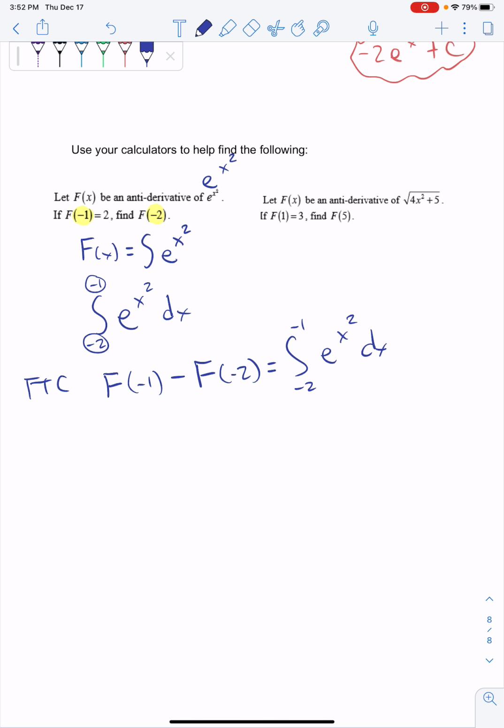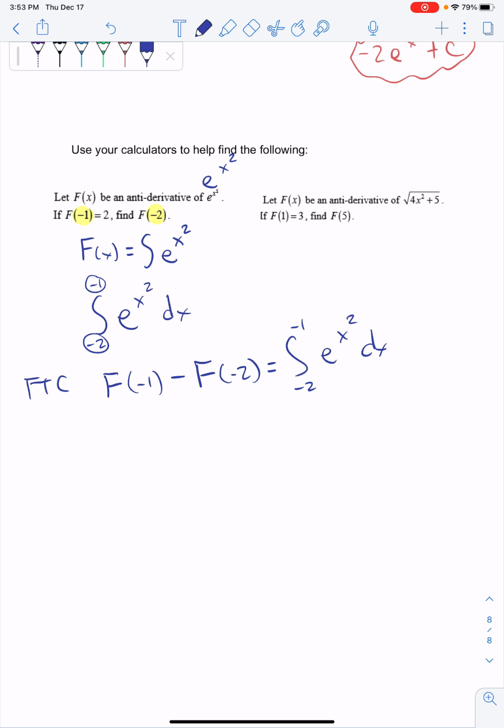Now this looks like an AP question that we just did on the test a couple weeks ago. So big F minus big F is equal to that integral. Now, without a calculator, I'm out of luck. I'm in a lot of trouble. But it told me to use my calculator.